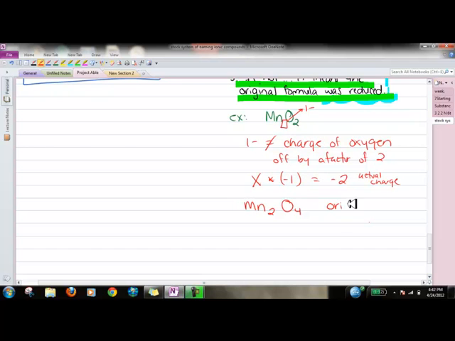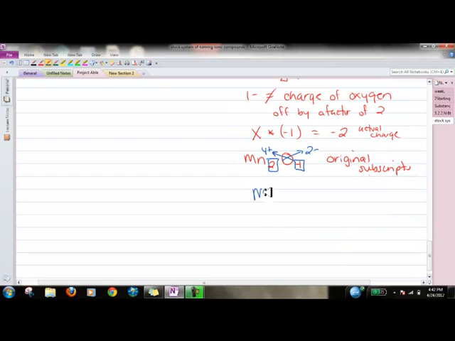This was our original. Let's go ahead and reverse it. Now that gives us a 2-, much better. 4+. So we have Mn4+ and O2-. This becomes our Roman numeral. So it's manganese (IV) oxide.